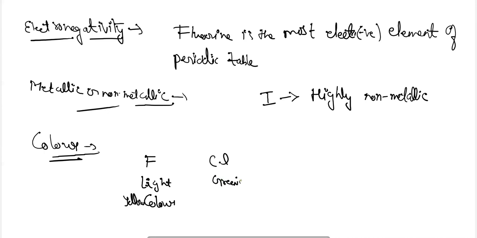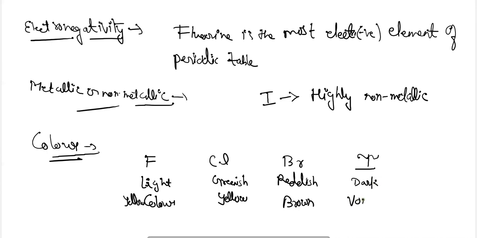Bromine is reddish brown. And iodine, which is one of the solids in the group, is a dark violet colored solid.